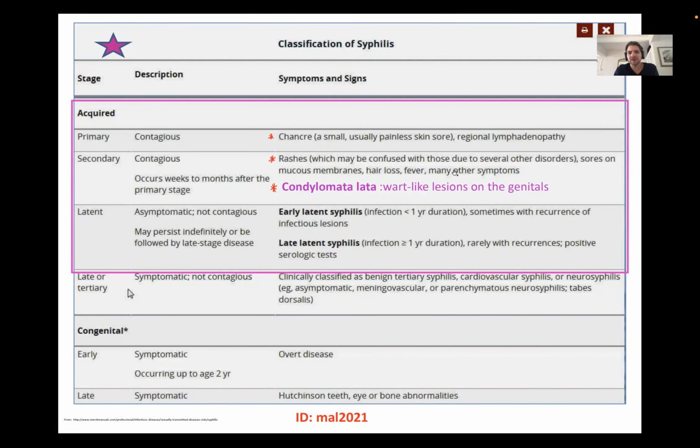But again, the big thing to remember: primary chancre, painless. Rash is indicative of the secondary phase. Then there's latent disease, which can be reactivated.